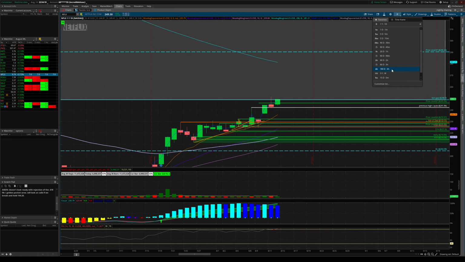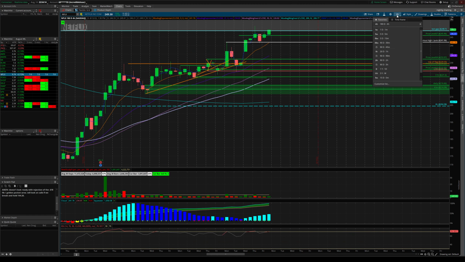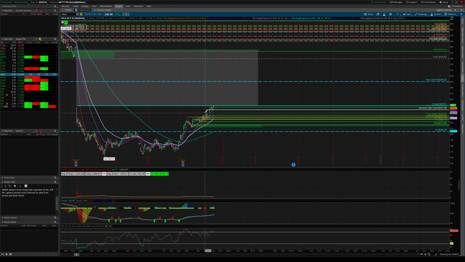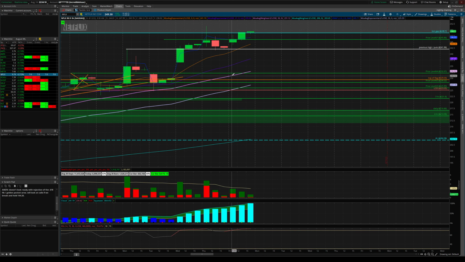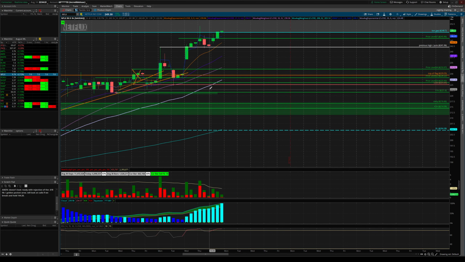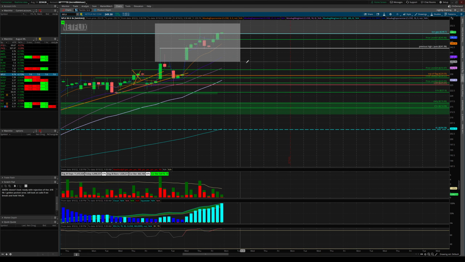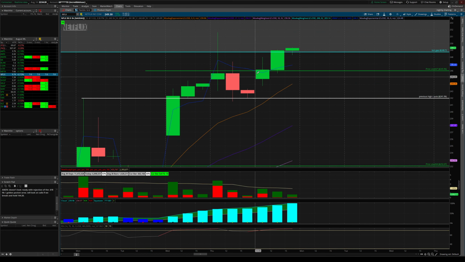So let me take a look. This isn't too aggressive of a move down and up, but I guess if you want to count the small little gap up, you might count this red candle as a basing candle that forms a demand zone.